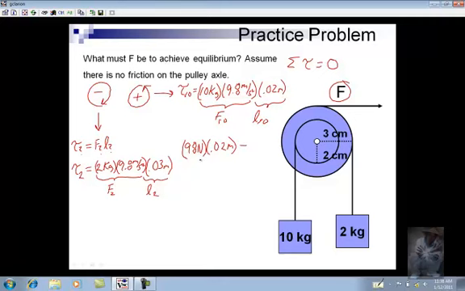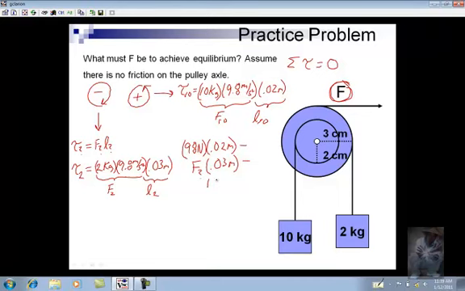And then we're going to subtract this torque that's negative. That's my unknown, F sub unknown. What's the lever arm on my L sub unknown? What's this lever arm for that force right there? Yeah, it's also going to be 0.03. 0.03 meters. I'm also going to subtract my other torque, which is 2 times 9.8, what is that, 19.6?